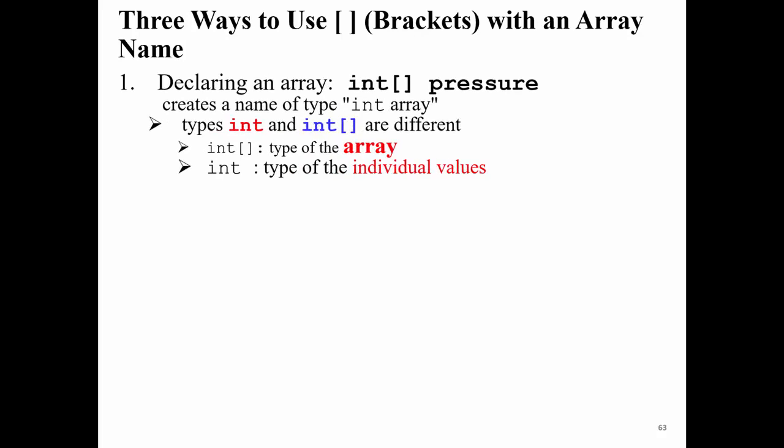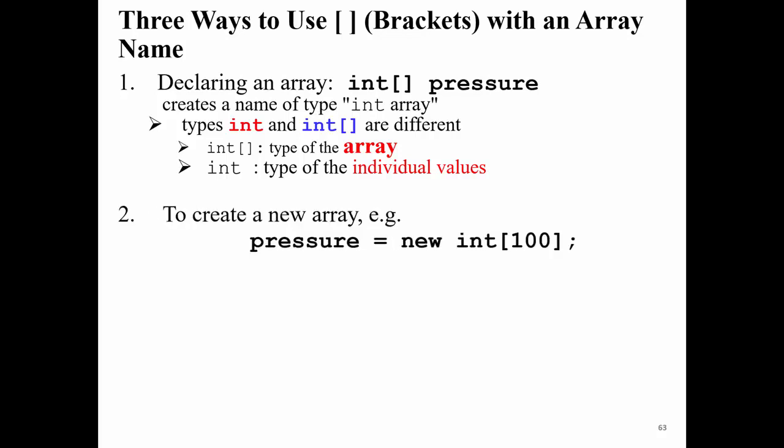So declaring the array, you can use the square brackets to declare the array, for example the int pressures. So int is different from int with the square brackets. Those are different types. Int with the square brackets is an array. Int itself is a primitive data type.